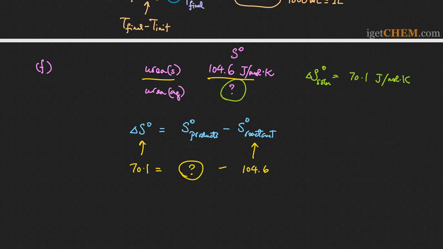And so you find that the S0 for urea aqueous is essentially just the sum of these two numbers, which is 174.7, and the units are joule per mole per K.